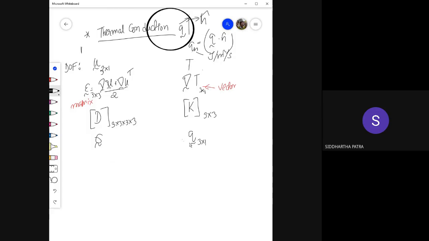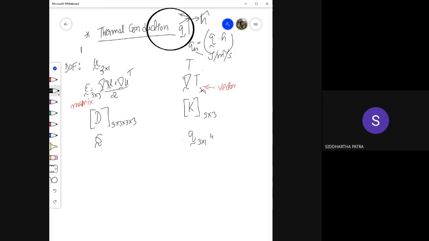But this one is a vector. It represents the heat flow rate in each direction at a given location. Obviously, the part that is parallel to the surface is not leaving the surface and remains inside the geometry, so that doesn't count as Qn.